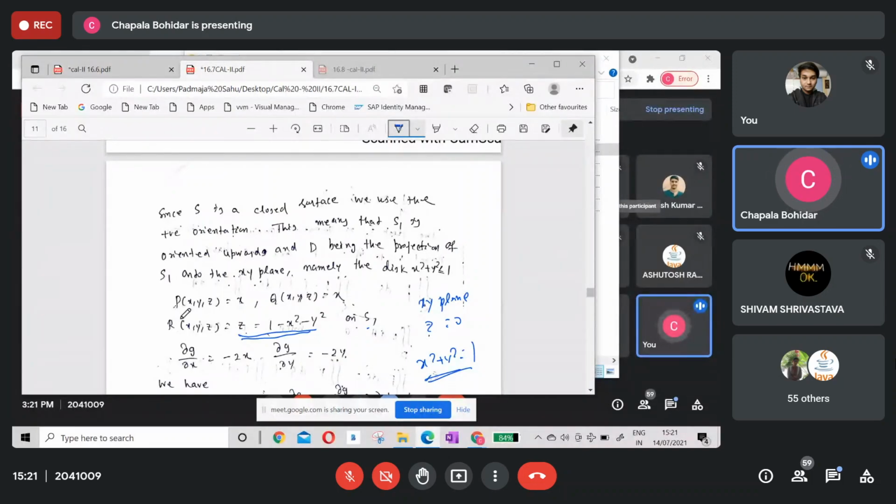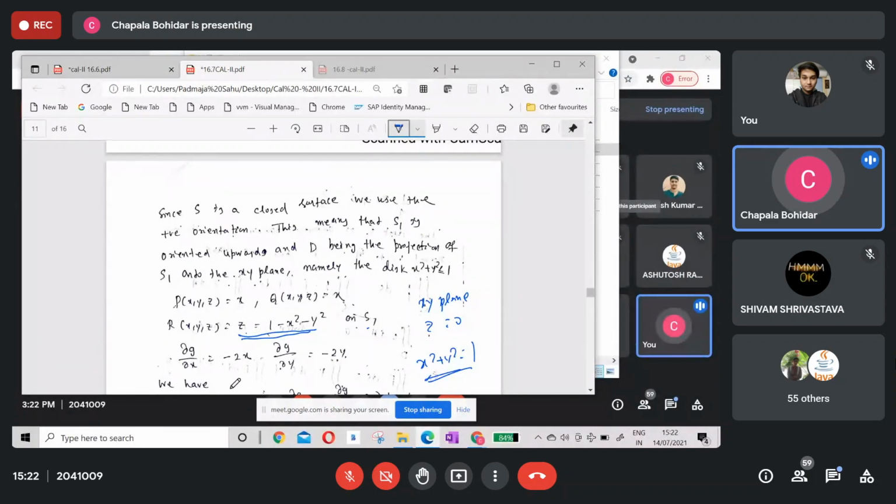Then we consider P(x, y, z) equal to y, Q(x, y, z) equal to x, and R(x, y, z) equal to z, which is a function of x, y, that is 1 minus x square minus y square, so z equals g(x, y).